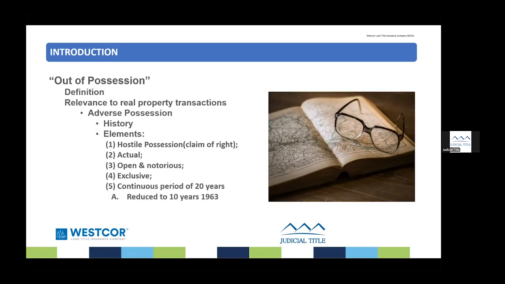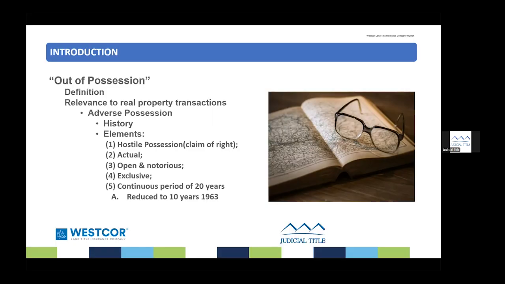New York courts have repeatedly applied the elements since the early 1800s. The elements listed on this particular slide incorporate some of the newer ones as well.